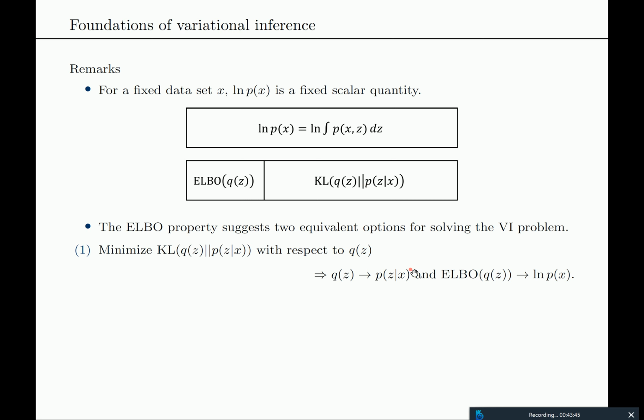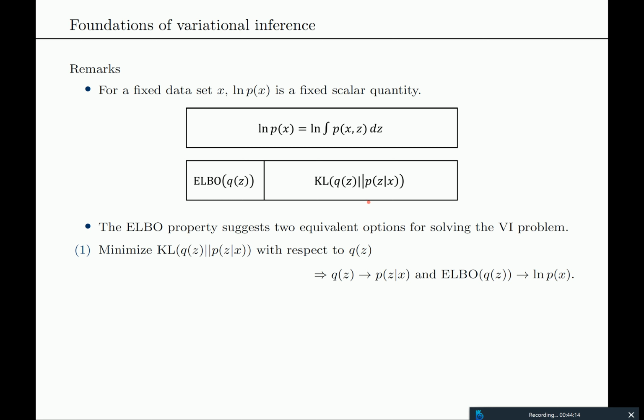At the same time, if we make this smaller and smaller, the ELBO gets larger and larger, and the ELBO becomes closer to the log model evidence. So that's the one way to view variational inference. We minimize the KL divergence with respect to q(Z). p(Z given X) is what we don't know, and what we're trying to approximate with q.